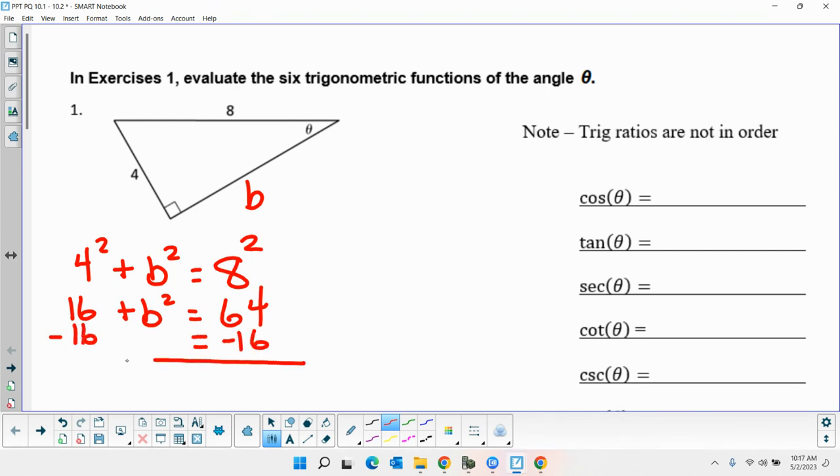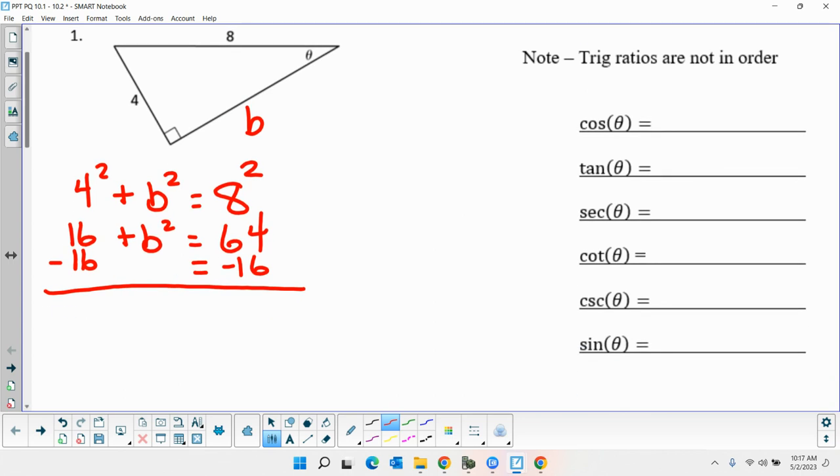So you get b squared is 48. And then you take the square root. Okay? I don't want 6.93 or whatever it was. That's not correct for what we're doing. You got to put it in radical form.